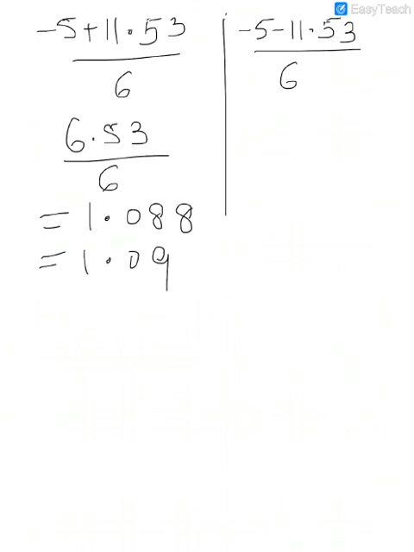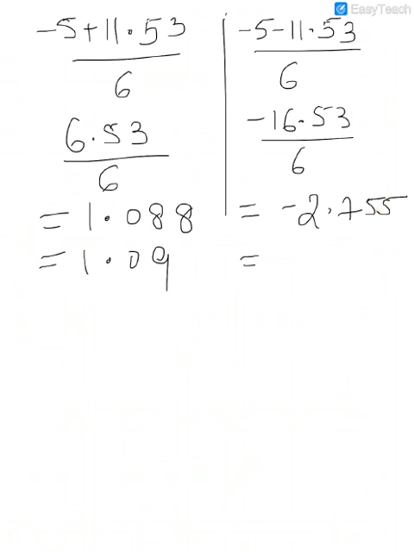1.09. Coming to the minus part. Both are negative, so I will add them. I will get minus 5 minus 11.53 gives me minus 16.53 upon 6, which comes down to minus 2.755. I told you do it till 3 decimal places. Now again observe, the third decimal place is 5, so I will have to increase this by 1.